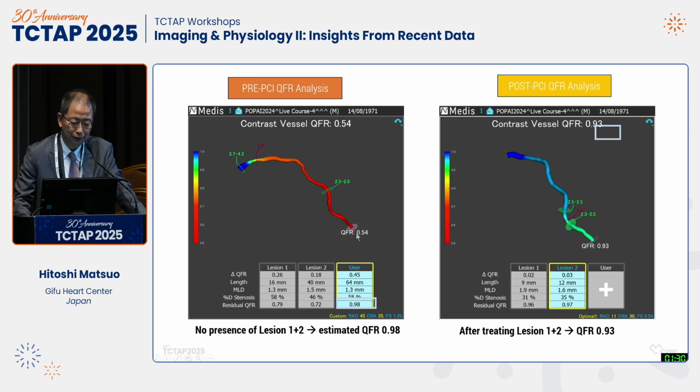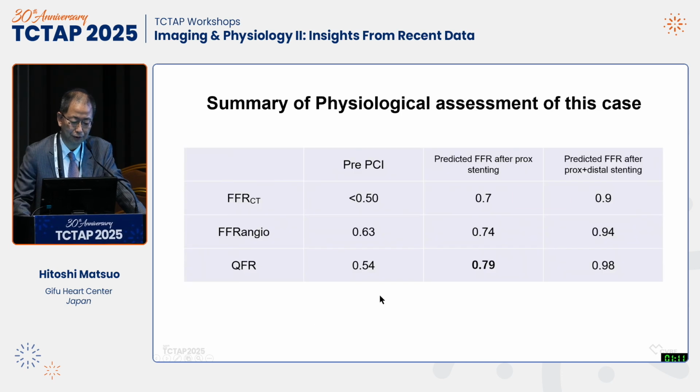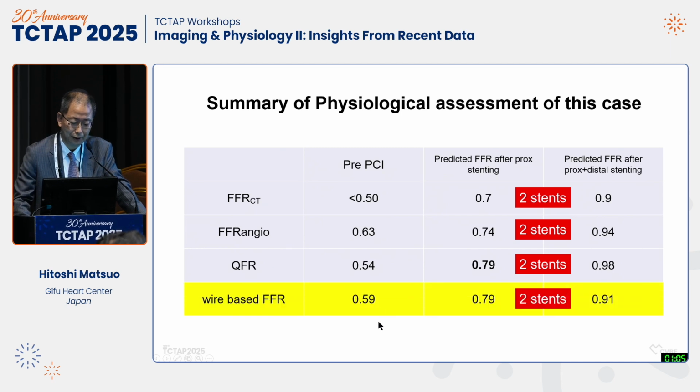And by the QFR, you can see a good result as well. This is the QFR result. If the distal region is here, and if we treat both regions, we can get FFR, QFR 0.98. It's the same. So all of the functional coronary angiography requires 2 stents in this case, and wire-based FFR with 2 stents makes a good result as well.